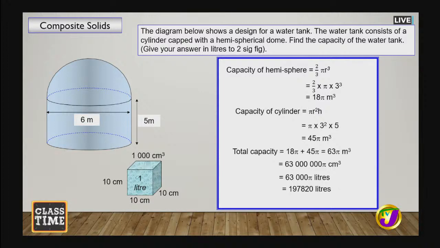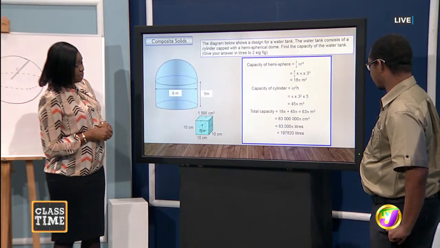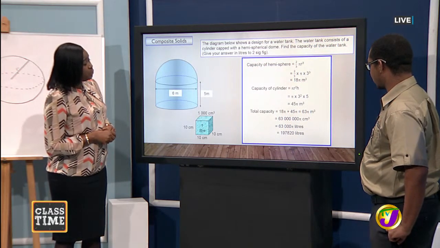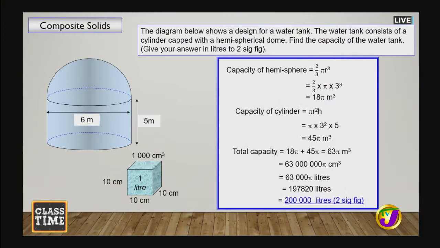And we have there 6 significant figures, and we need 2. So we have to round this off, and we will get 200,000 liters. We round it off to 2 significant figures.